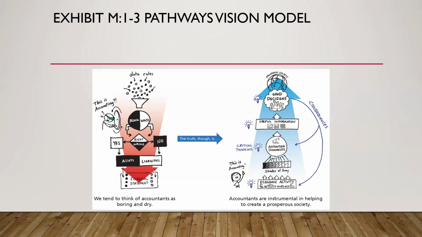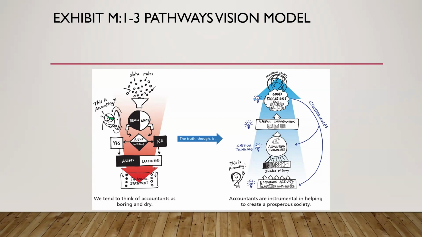Accounting plays an important role in a manager's decision-making. Here you see in Exhibit 1.3, the Pathways Vision Model. It provides a visual way to understand the role of managerial accounting in making good decisions.